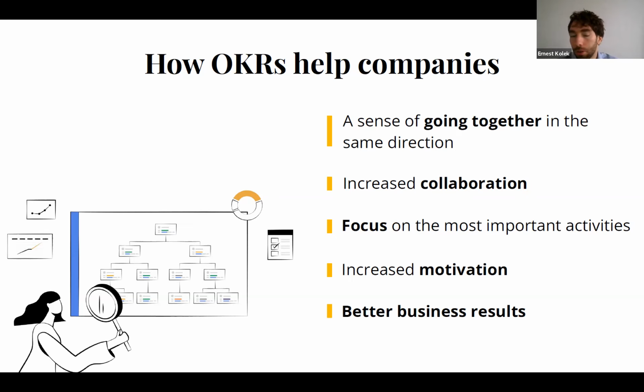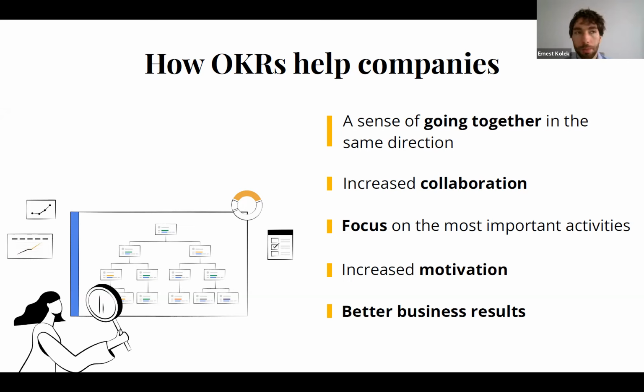We just see our own separate personal goals. However, with the OKRs and the key results, we can see that whatever we're doing in our daily work contributes to the higher objectives. Thanks to that, it also increases collaboration, because we see what our colleagues are doing and how our work affects their work and the bigger objectives.